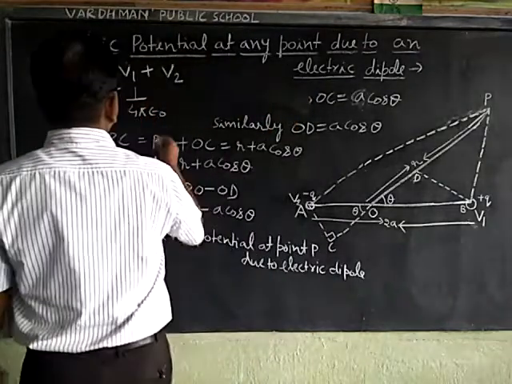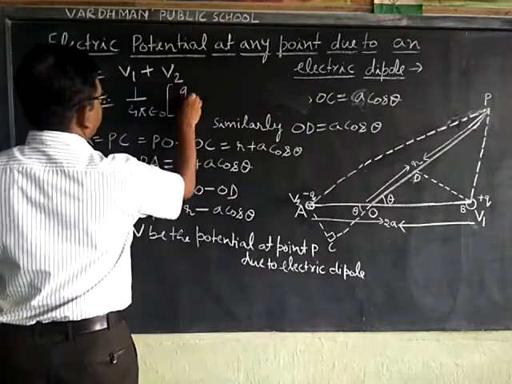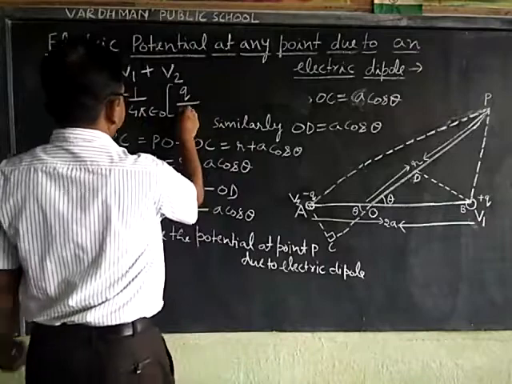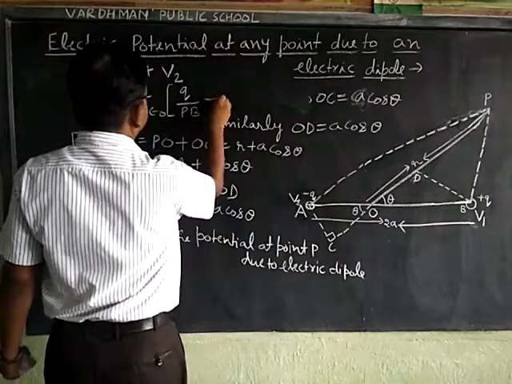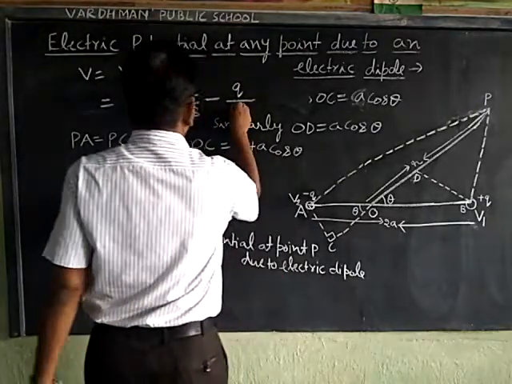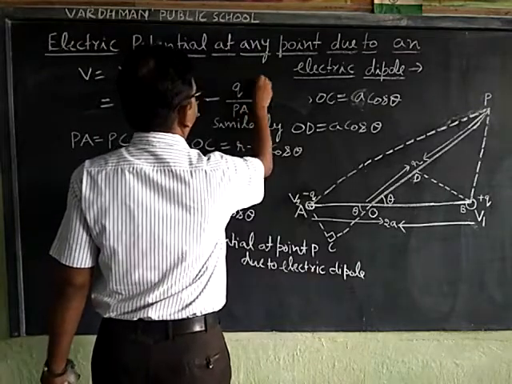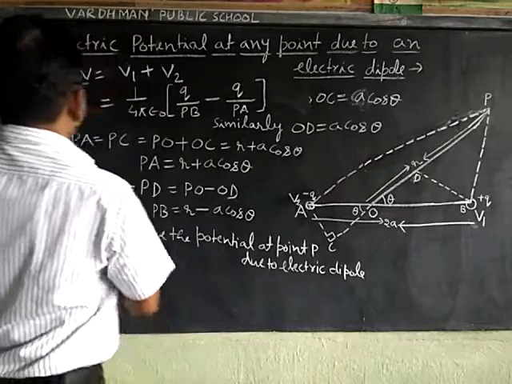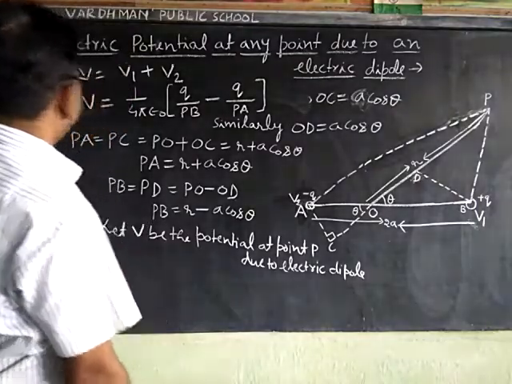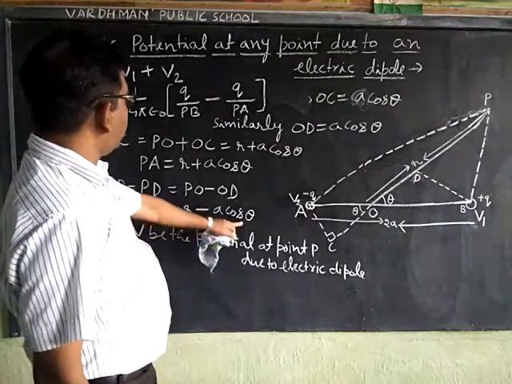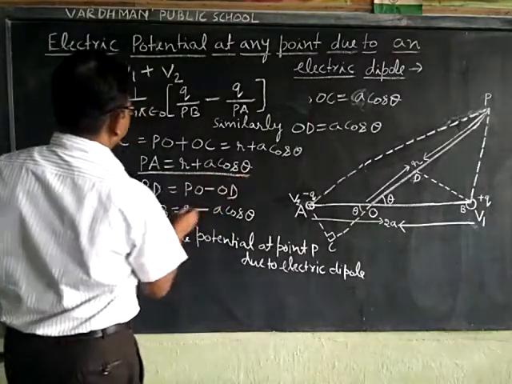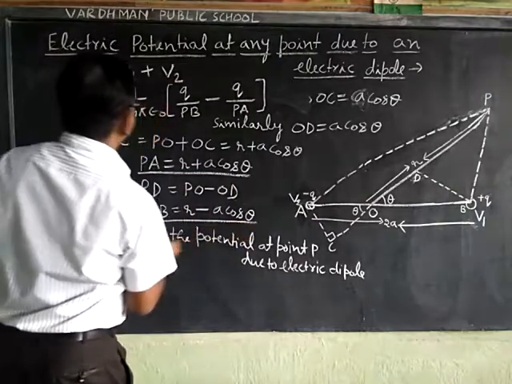That is, V is equal to 1 upon 4 pi epsilon naught times Q upon PB minus Q upon PA, where PB is r minus a cos theta and PA is r plus a cos theta.